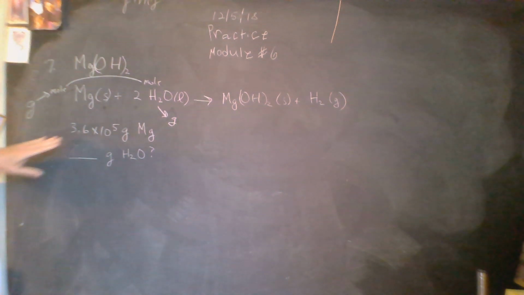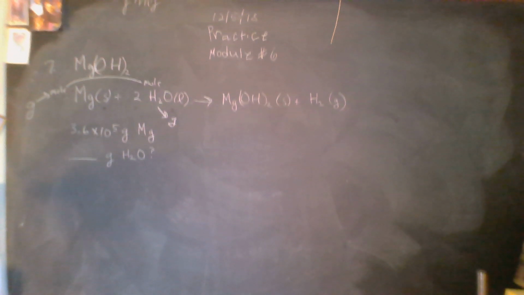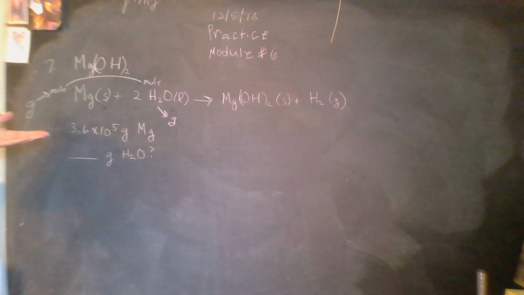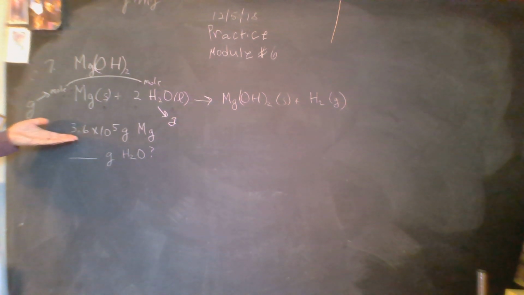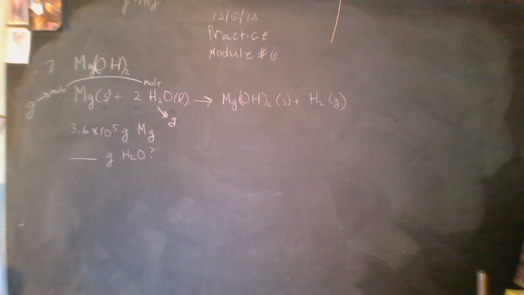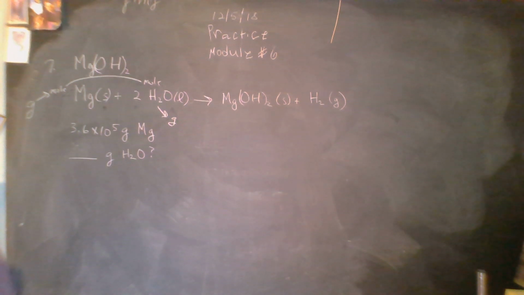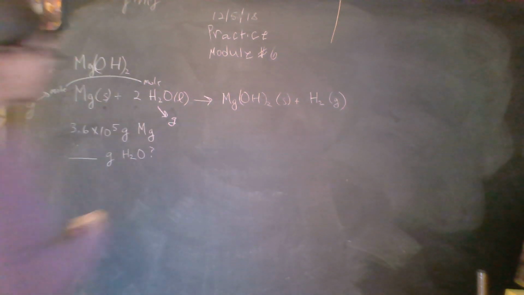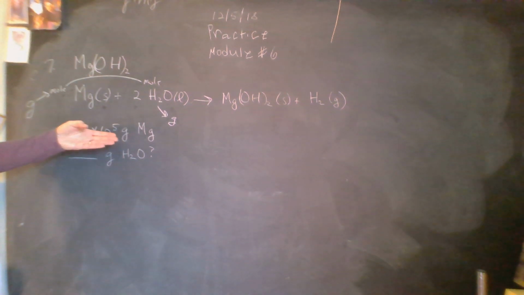Okay. So first I have to figure out what? The atomic weight of Mg, because I have to know how many moles this is. So what's that? Mg is 24.3. Okay, so how am I going to set this up?